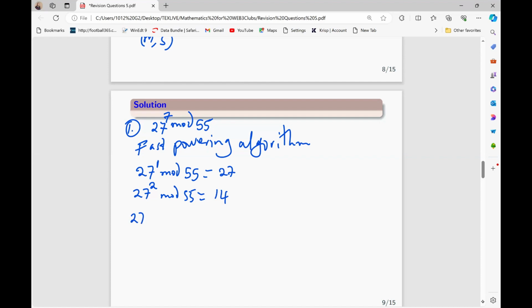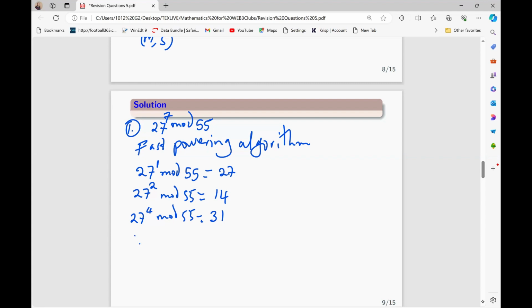We want to go up to 7. So 27 raised to 4 is squaring the one above, mod 55, which will be 14 squared, which is 196. Let's divide this by 55. It goes there 3 times, and the remainder is 31. When we square this, it will go beyond what we want.